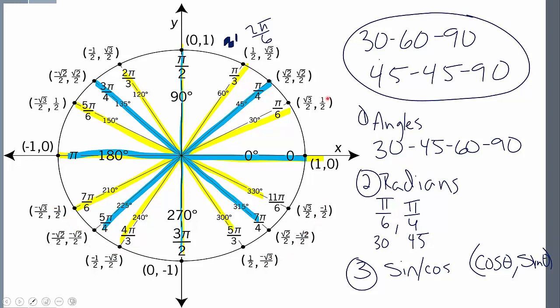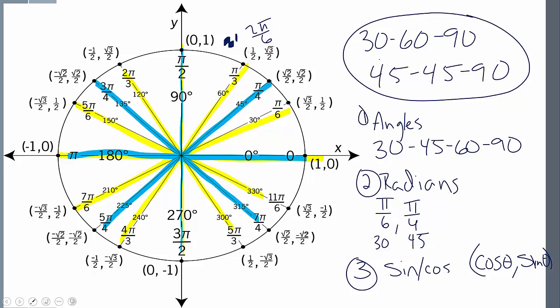So we can count up to 3, 1, 2, 3. We can count down from 3, 3, 2, 1. Then how do we find the cosine? Well, if that's 1, then that's 3. When they're 2, they're the same. When that's 3, that's 1. They just kind of flip.